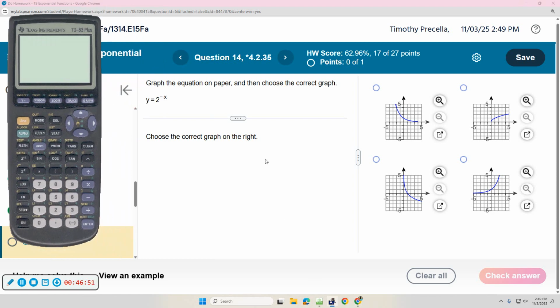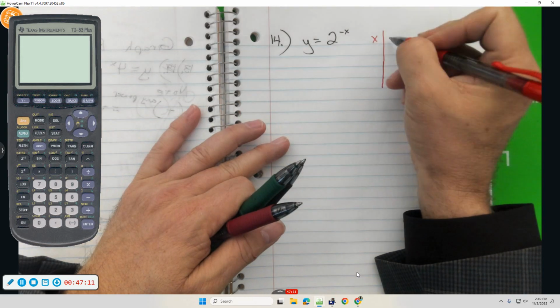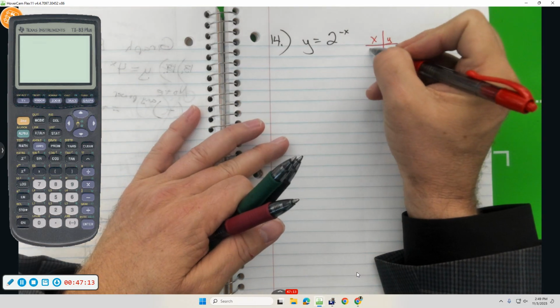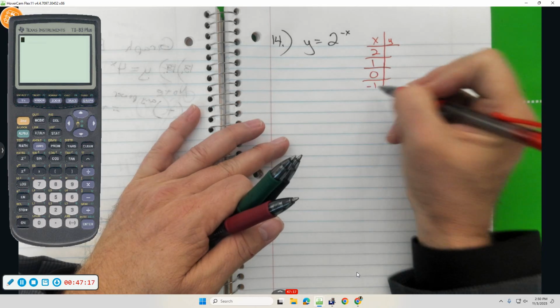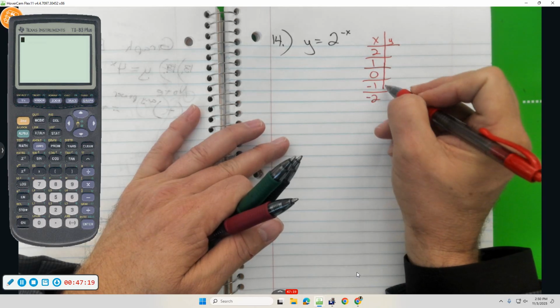Number 14. y equals 2 to the negative x. We'll make ourselves a table of values again. And we'll go 2, 1, 0, negative 1, and negative 2.